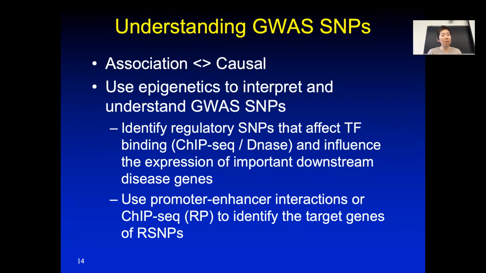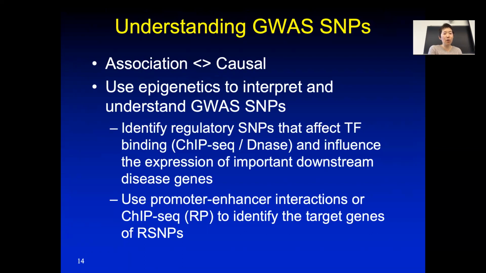In summary, GWAS basically will just give you hits. They tell you some association, which is useful, but now people are asking why. Association doesn't really mean causal. So people are now looking into epigenetics to interpret and understand GWAS. Once they have a SNP linked to DNase hypersensitivity, very often the SNP on the transcription factor binding site, on the DNase hypersensitive site, becomes the causal SNP.